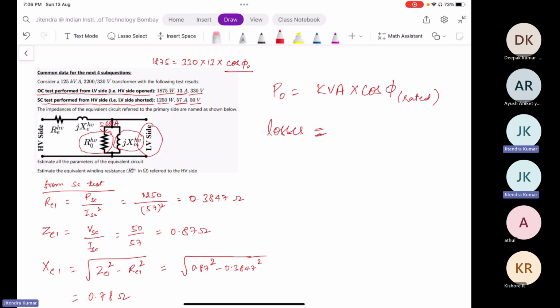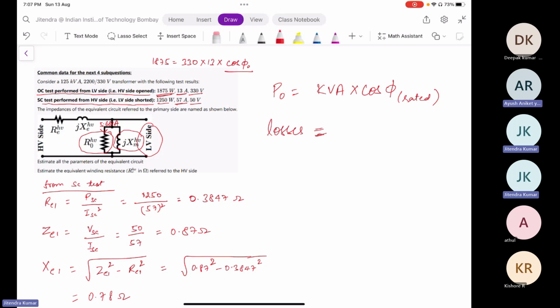Sir, core loss is given in the form of open circuit wattmeter reading. Yeah, correct. And copper loss is already given in the short circuit wattmeter reading. Yeah, you are correct.